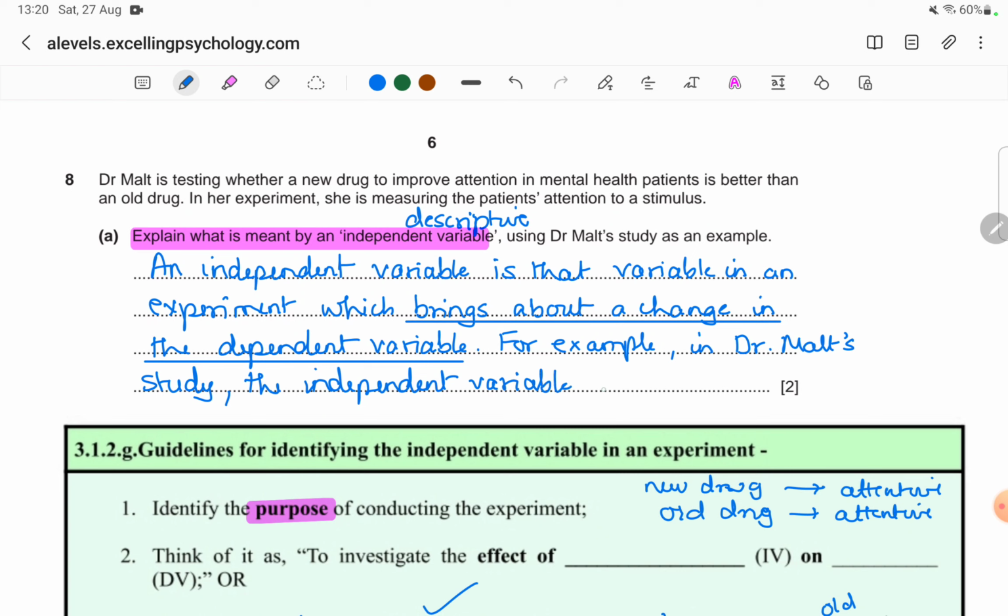So the independent variable was type of drug, manipulated at 2 levels, one old, 2 new.